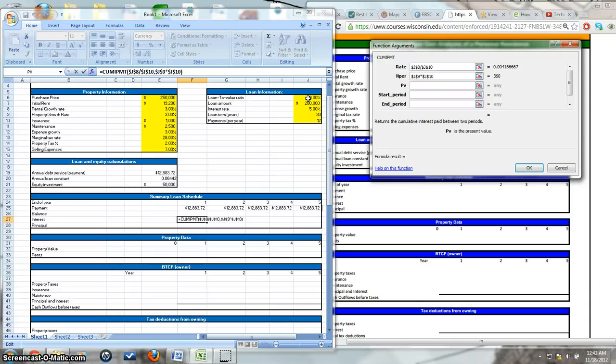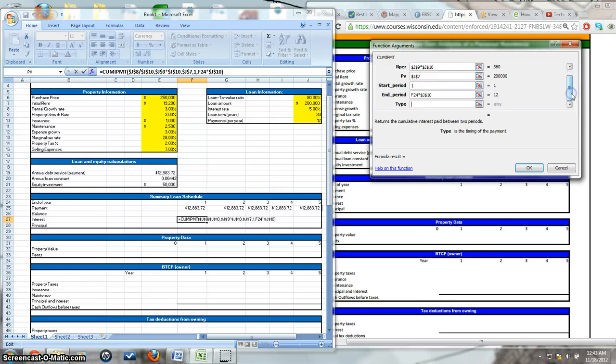Now, that said, you have to make sure that the right stuff is hard-coded if you're going to do that. Start period is going to be period 1. End period is going to be the period times the number of payments per year.